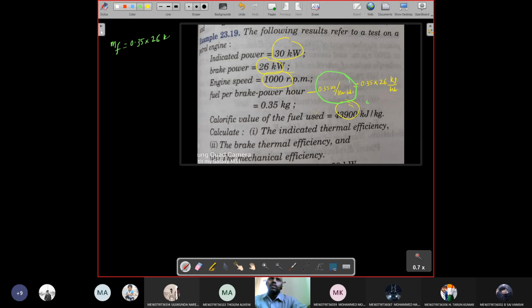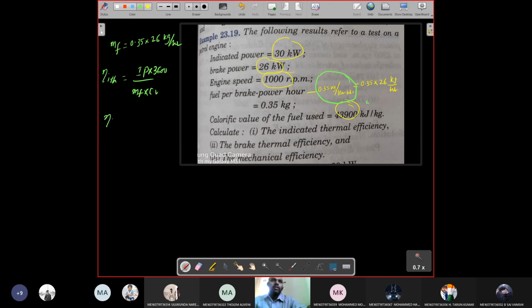Brake power is 26. Therefore, you will get kg per hour. And IP value is there, BP value is there. He is asking indicated thermal efficiency. Indicated thermal efficiency formula: indicated power by heat supplied, that is mass of fuel into calorific value. So mass of fuel should be in kg per second because IP is in kilowatt. So we are getting kg per hour. Therefore, you should multiply with 3600. This is the first bit, indicated thermal efficiency.